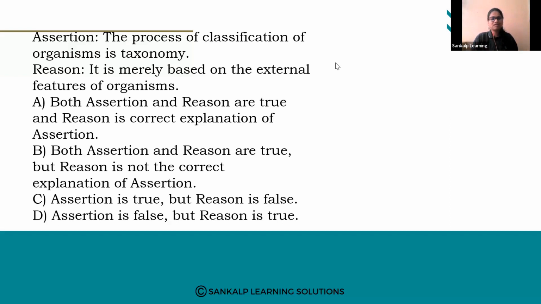So here both assertion and reason are not both true with a correct explanation; the reason is false. Most of you answered option C, assertion is true but R is false. So option C is the right answer.